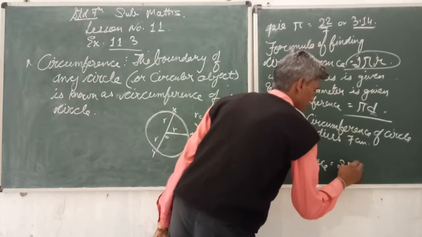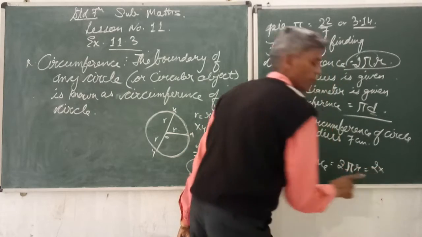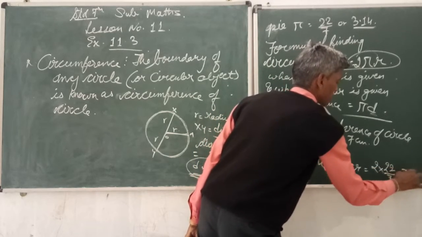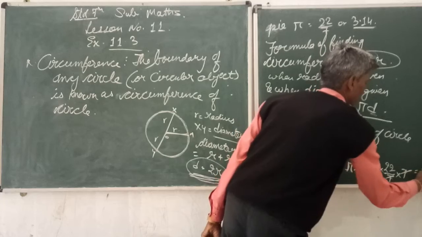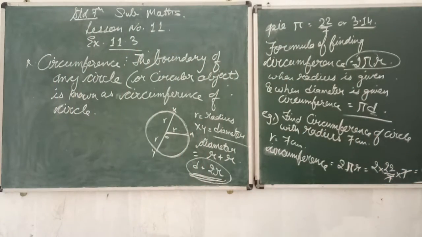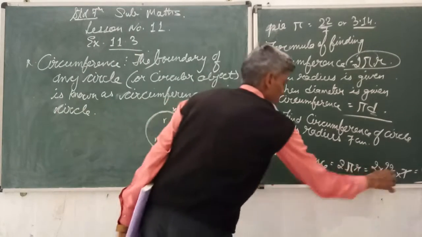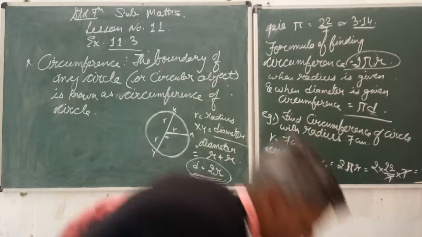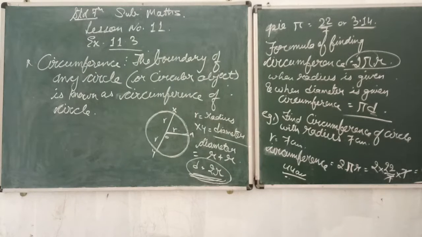You have to take pi like this: 2 into the value of pi, 22 upon 7, into r, which is 7. 7 cut, 22 times 2 is 44 centimeters. This is the answer. This way you have to find. Is that clear?